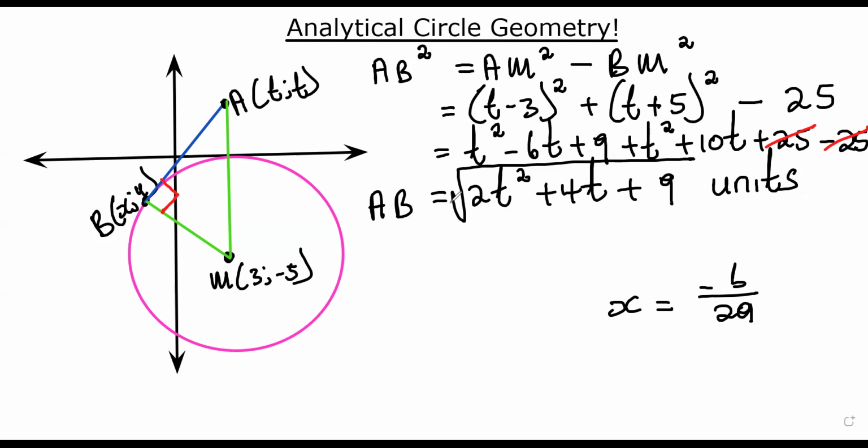Why? Because we understand that the minimum point or the minimum value occurs at the turning point. And it is actually the y-coordinate of the turning point.